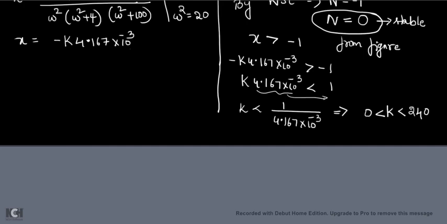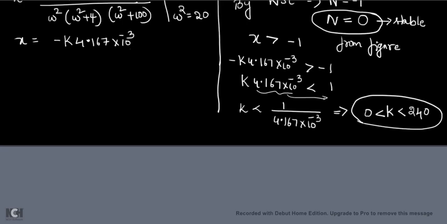It's always positive. Actually I got K less than 240, and I only inserted K greater than 0 because I know K is a positive number. So this is the value they asked to find in the question.